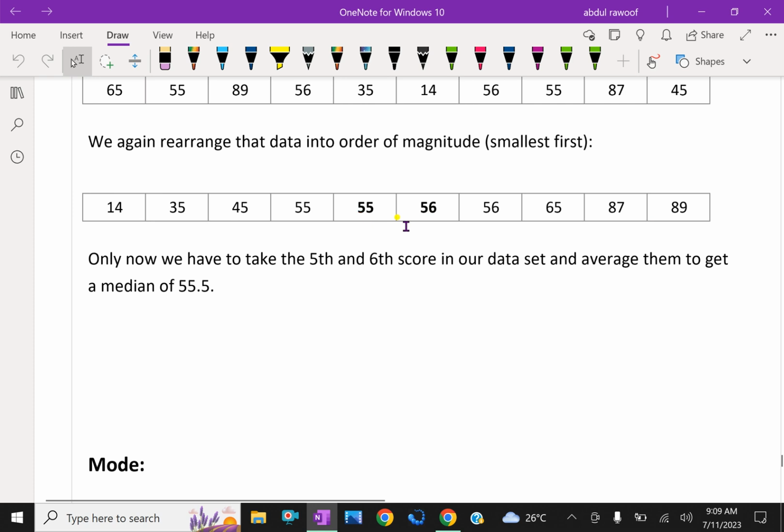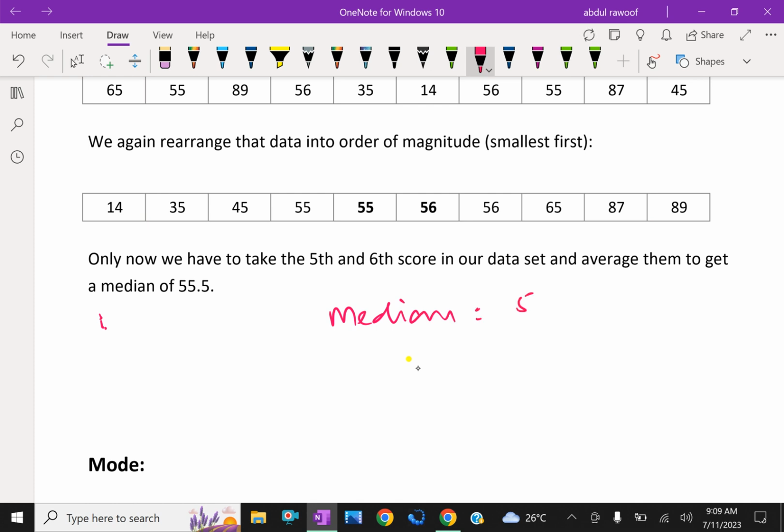So adding 55 plus 56 divided by 2 is 55.5. This is the median here.